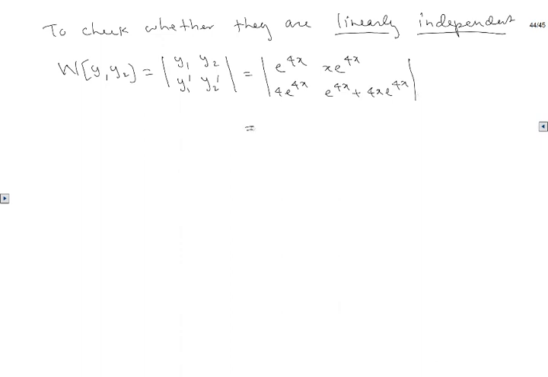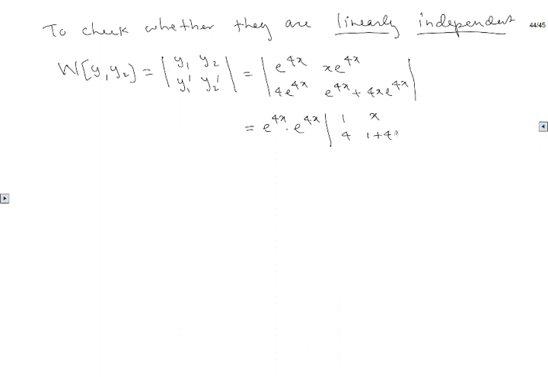We can make some simplification. I'm going to show you a trick here. When you have a determinant, you can always take a common factor out from a row or a column. e^(4x) is common in the first column, so I take it out, and e^(4x) is again common in the second column, so I take it out as well. You only get 1, 4 in the first column, then x and 1 plus 4x.